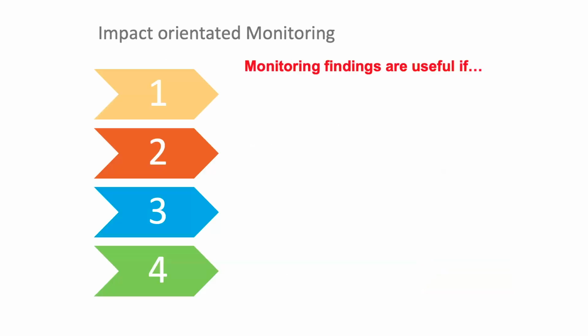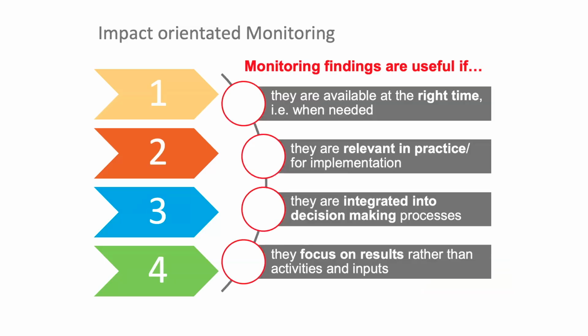And when outputs have been achieved, then our next monitoring step is to check whether these outputs are used or not. This impact-oriented monitoring is necessary, and the findings can be used for steering, for learning, for reporting, and accounting purpose when they are available at the right time. So this is when we need them for these different purposes. And they have also be relevant in practice for our implementation. And relevant in practice means that they deliver us information which help us to decide if we have to adjust our strategy.